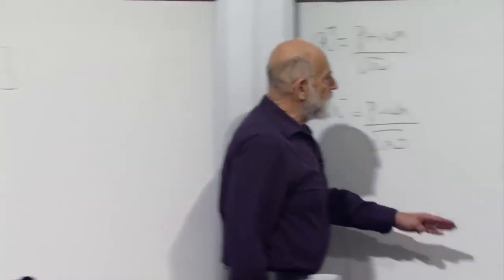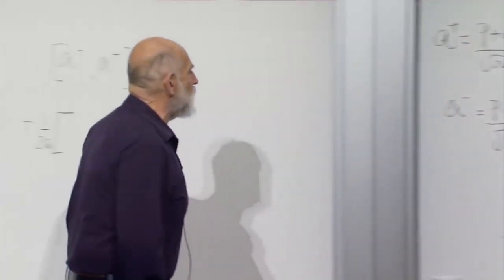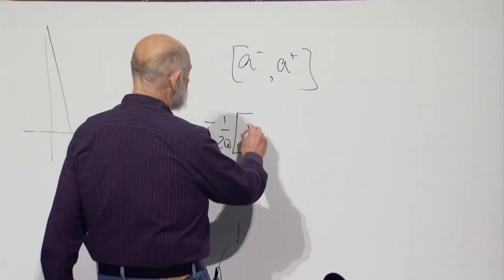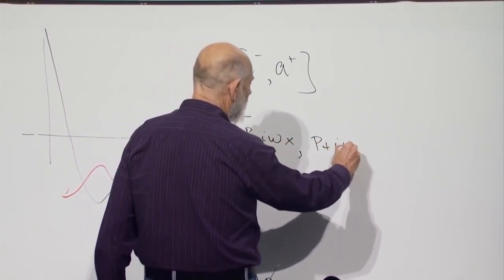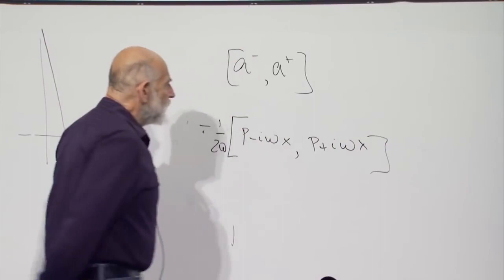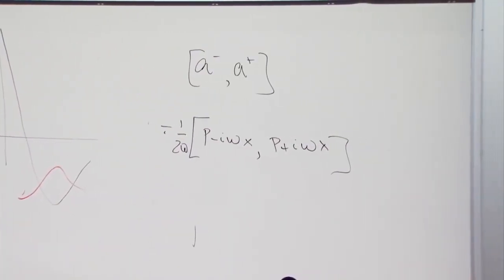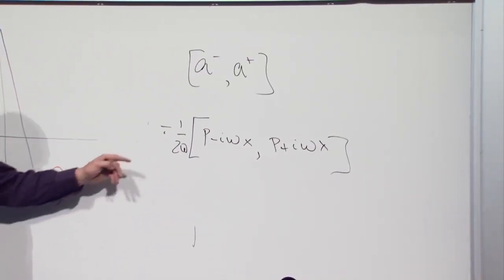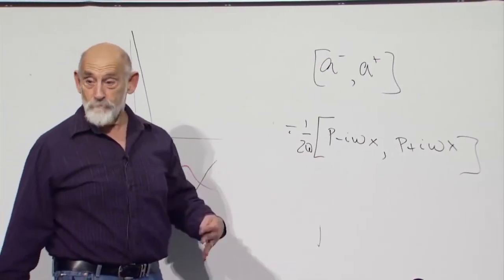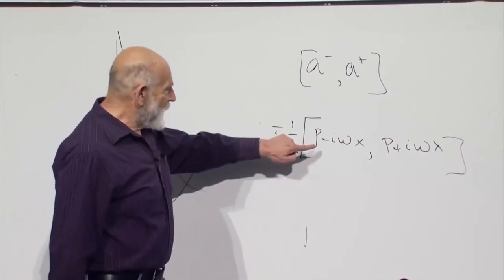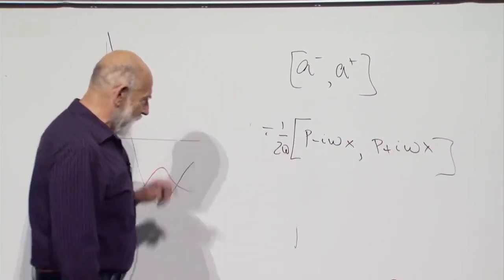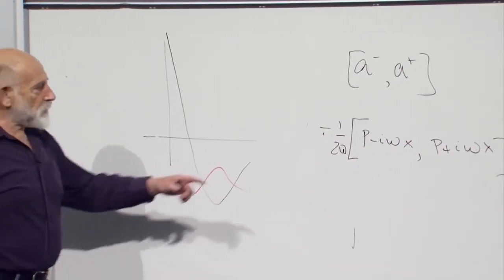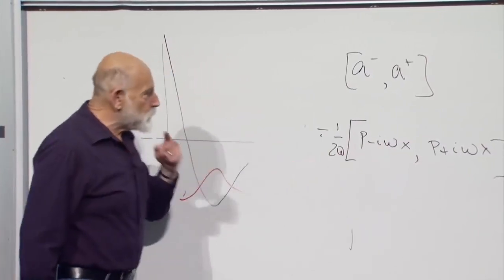And then there's going to be the commutator of p minus I omega x with p plus I omega x. Now, who commutes with whom here? Who doesn't commute with whom? All right. P doesn't commute with x, and x doesn't commute with p. That's all. X commutes with x, and p commutes with p.